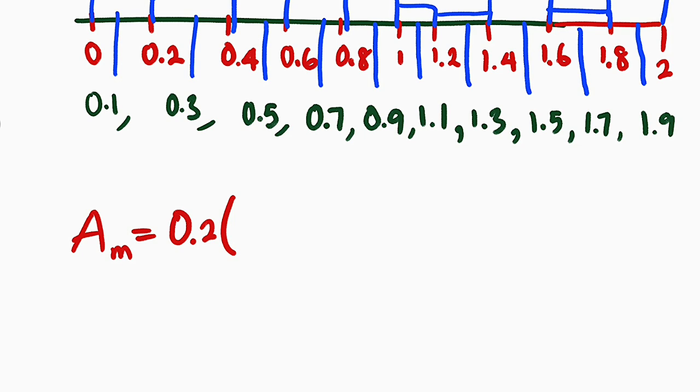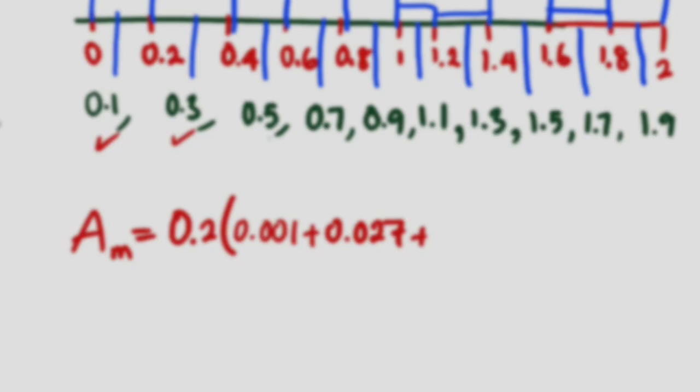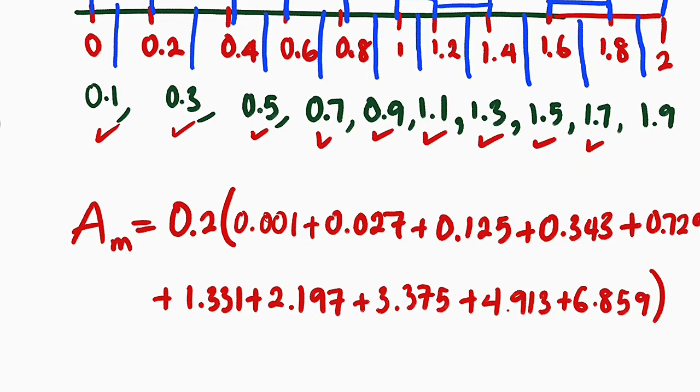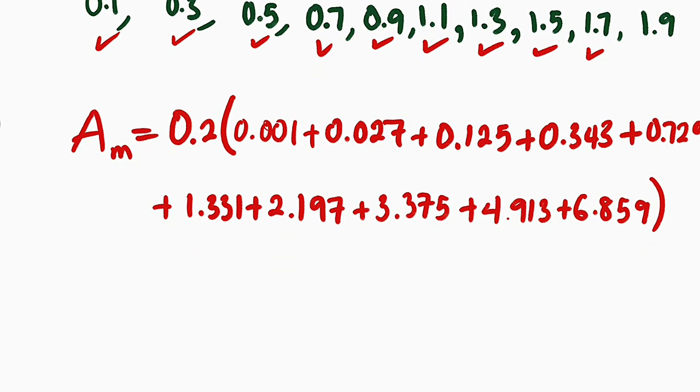So let's start with the first one. We have 0.1 to the power of 3, that will give us 0.001. Then we take this one, 0.3. We raise it to the power of 3. That will give us 0.027. Then we add. So now let us add all of these numbers together before we multiply by 0.2.